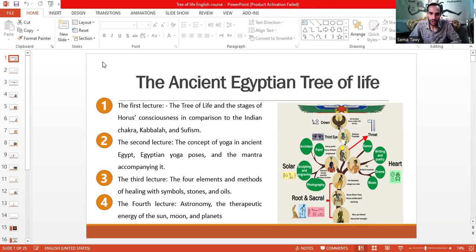The second lecture, the concept of yoga in ancient Egypt. Is there in ancient Egypt a kind of yoga, a school of yoga, and what are the postures of yoga in ancient Egypt? Also, the Egyptian mantra, like Ram, Vam, in the Indian school.